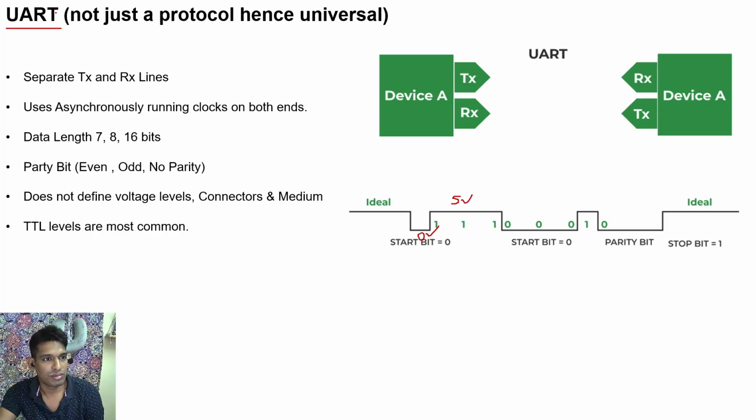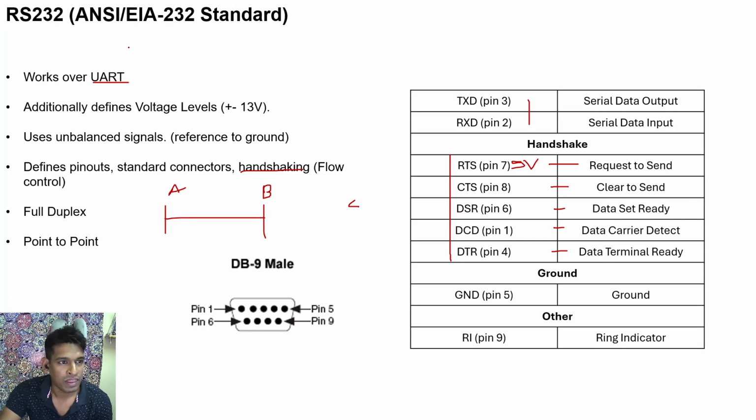So because the UART name and standard predate the conventions of a protocol and standard, we cannot specifically say UART is a protocol. We can call UART an interface because it was designed by chip manufacturers. And RS232 is an electrical communication standard which uses the UART interface to communicate data.